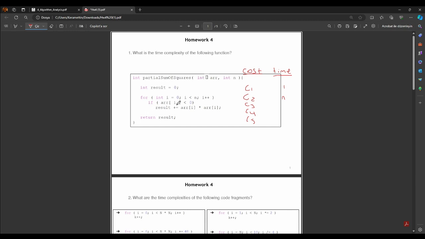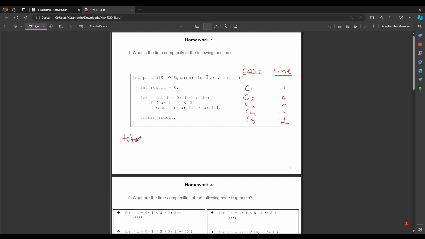This if statement will work like this inside the for loop n times, and this statement also works n times here, and the result is 1. Let's make it.